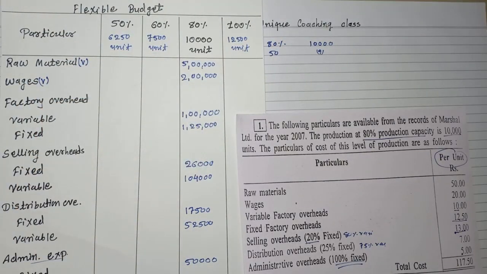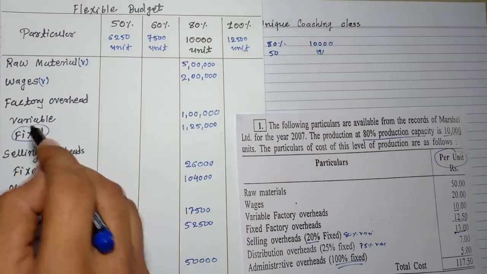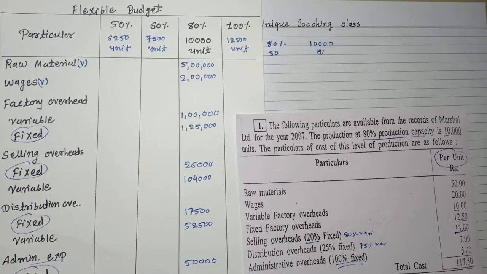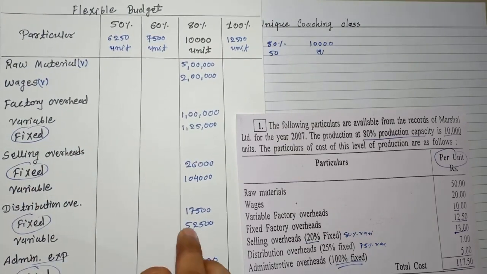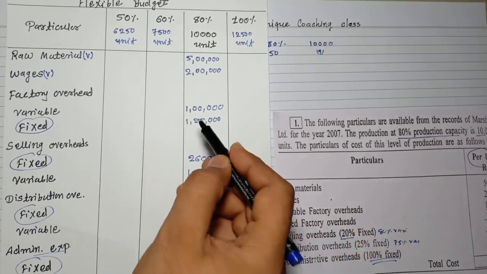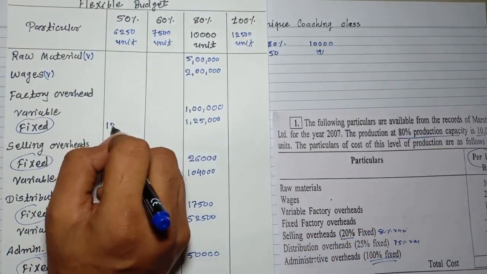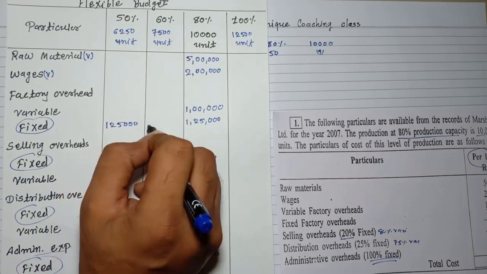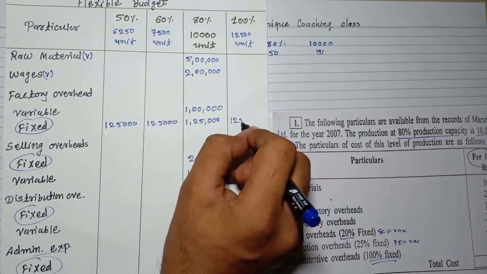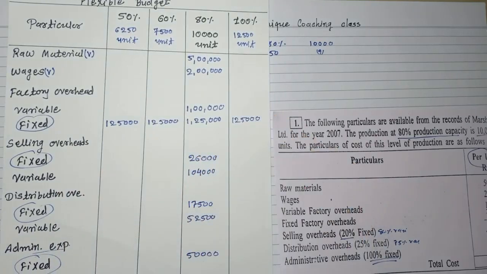Okay, so let's prepare this. First of all, think about the fixed expense. These are fixed expenses, and we know the rule about fixed expense: the total amount stays as it is. Means here 125, so here also 125, here also 125, here also 125, right? In fixed, the total amount remains as it is.